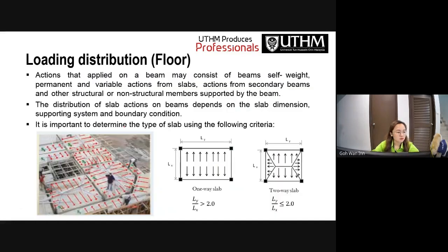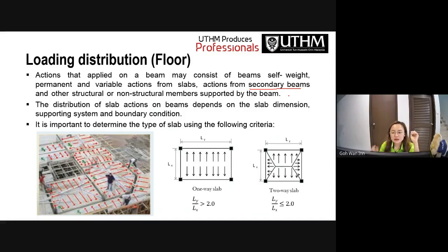Okay. So actions that apply on the beam may consist of beam self-weight, permanent and variable action from slab, action from secondary beam, and other structural and non-structural members supported by the beam. Do you understand what a secondary beam is? Normally a beam connects to the column, right?